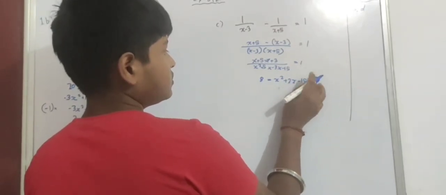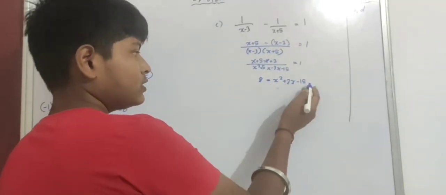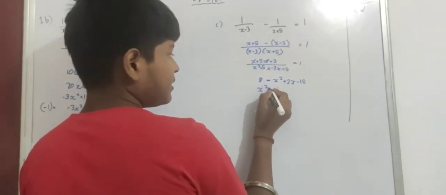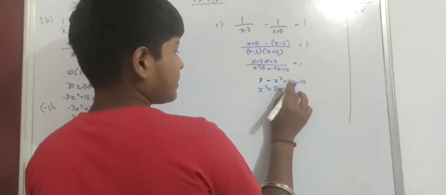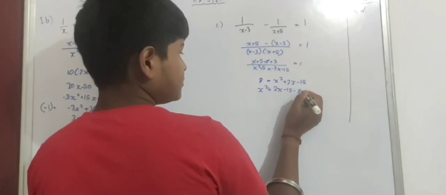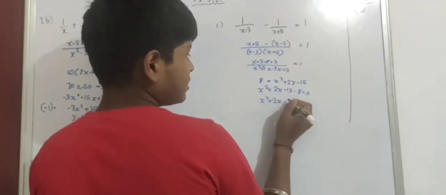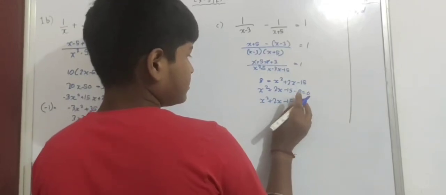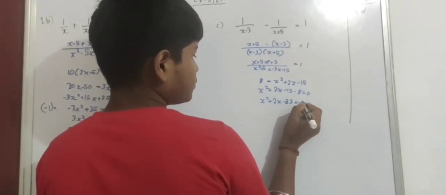So send 8 to this side. You will get x square plus 2x minus 15 minus 8 equals 0. So finally you have x square plus 2x minus 23 equals 0.